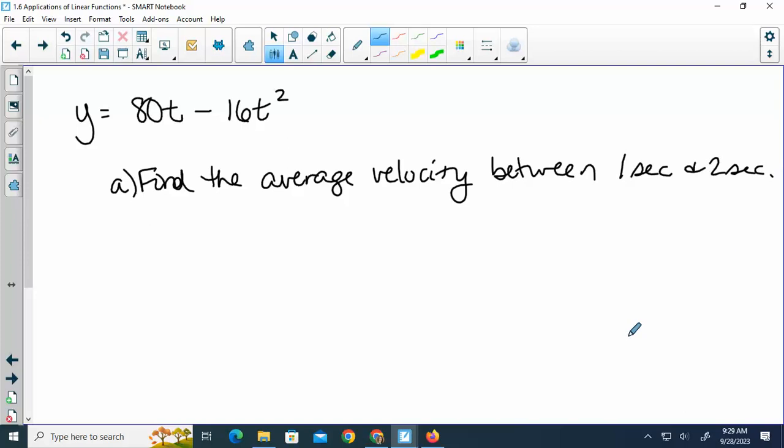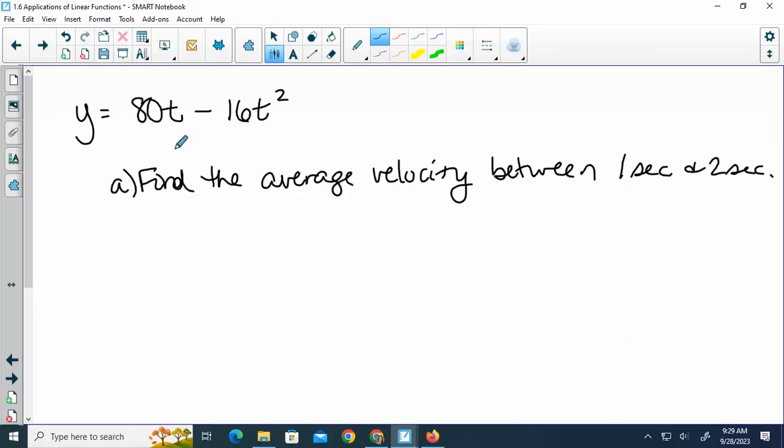Average velocity is the same thing as what? Slope. Remember when we made those tables, we basically found the average velocity over and over again. Instantaneous was what that approached.